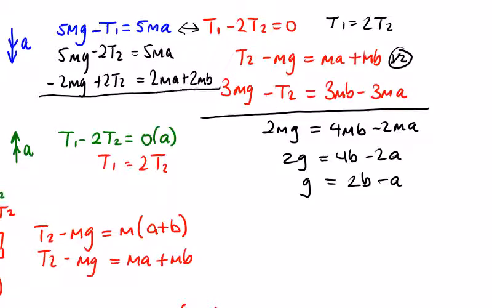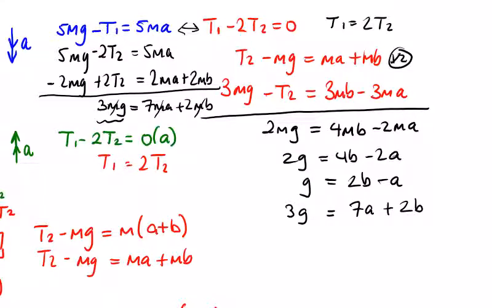And combining these two equations, I'm going to get 3mg is equal to 7ma plus 2mb. So divide by m. So I now have 3g is equal to 7a plus 2b.